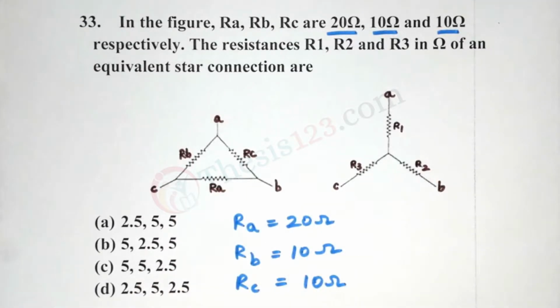So here we are just transforming the delta to star connection. So we have standard formulas to calculate and find out the values of R1, R2 and R3. So let's use them over here and solve. Okay, we'll start with R1.